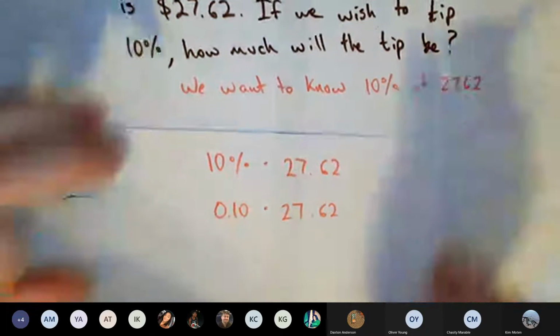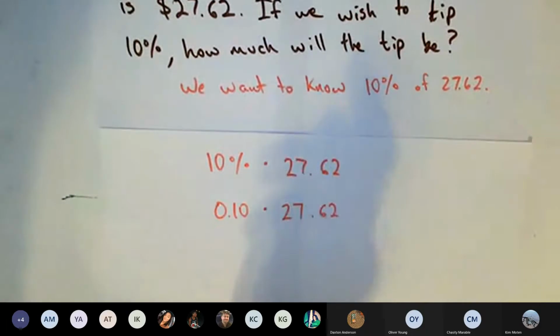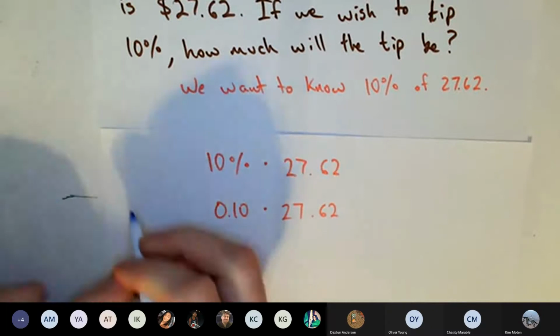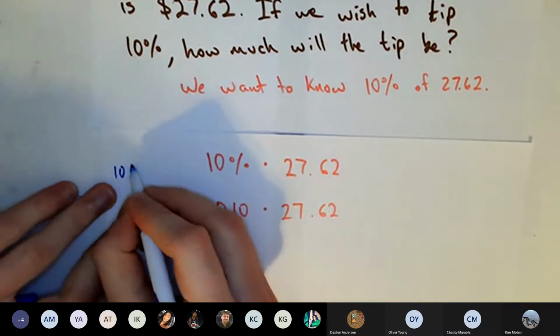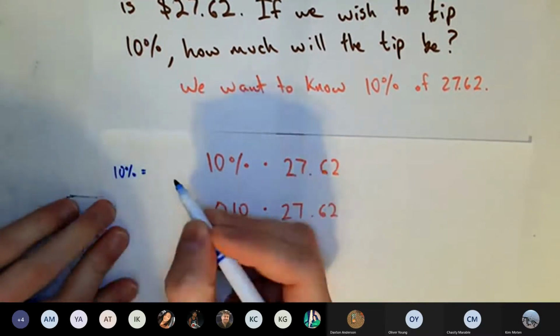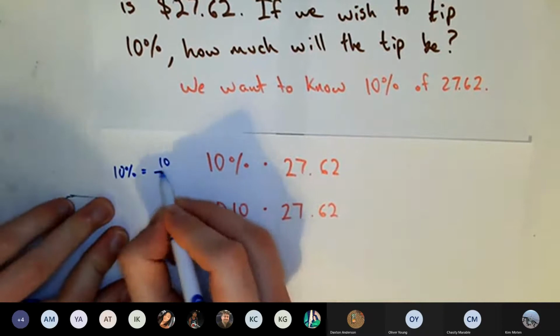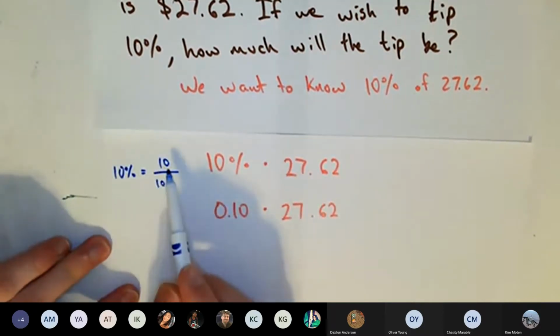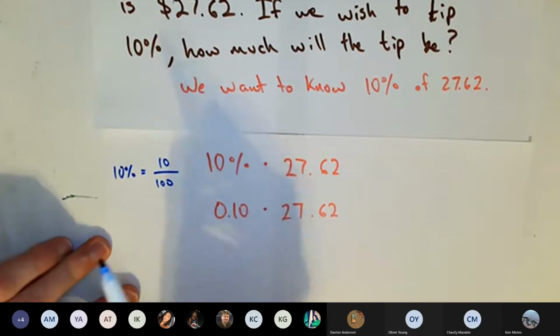And by the way, how do I know 10% is the same as 0.10? You can just take 10% and convert it to fraction form, just recalling that 10% is the same as 10 over 100. Any whole number percent can be written as that number over 100.